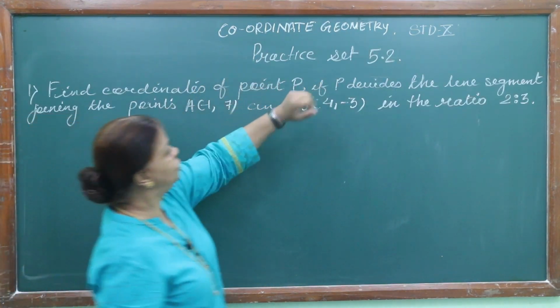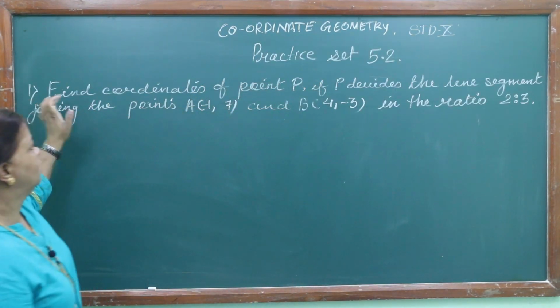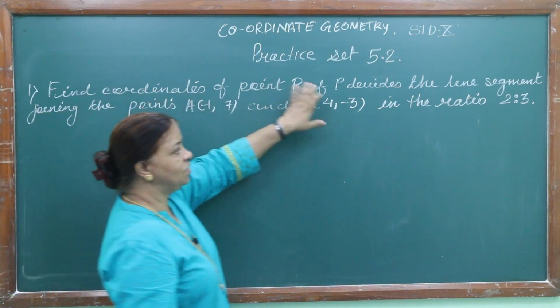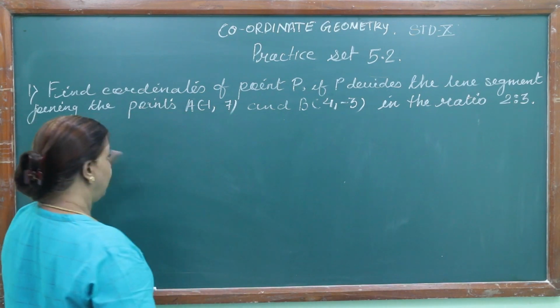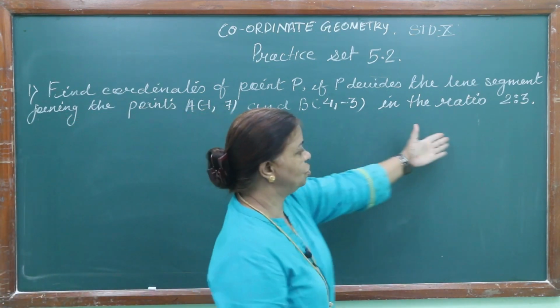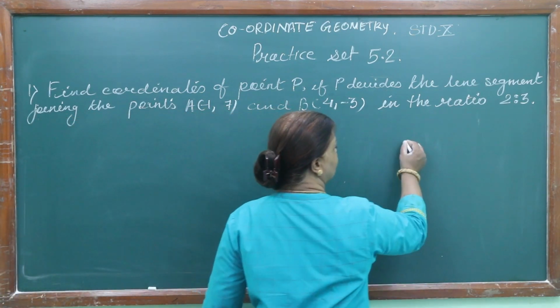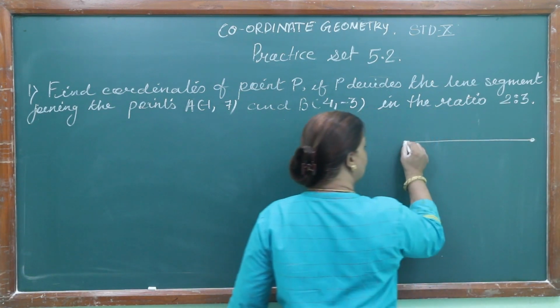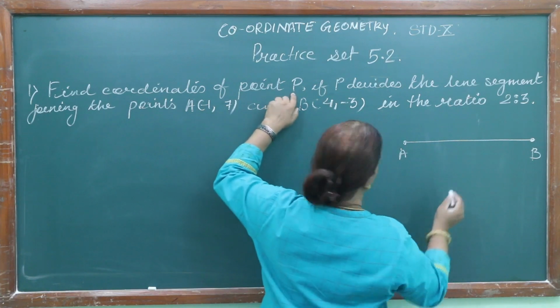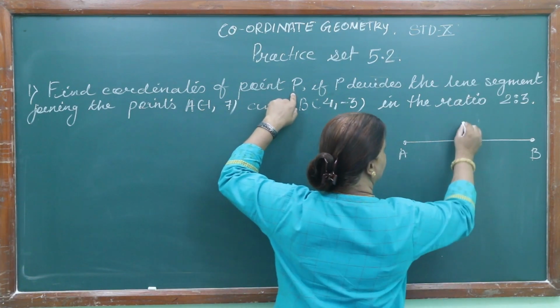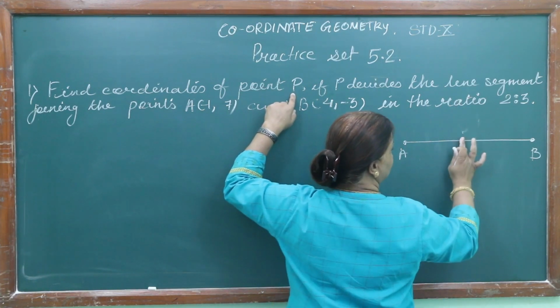Practice set 5.2. First sum. Find the coordinate of the point P if the point P is dividing the line segment which joins the point A and B in the ratio 2 is to 3. So this is the line segment AB and point P divides the line in the ratio 2 is to 3.